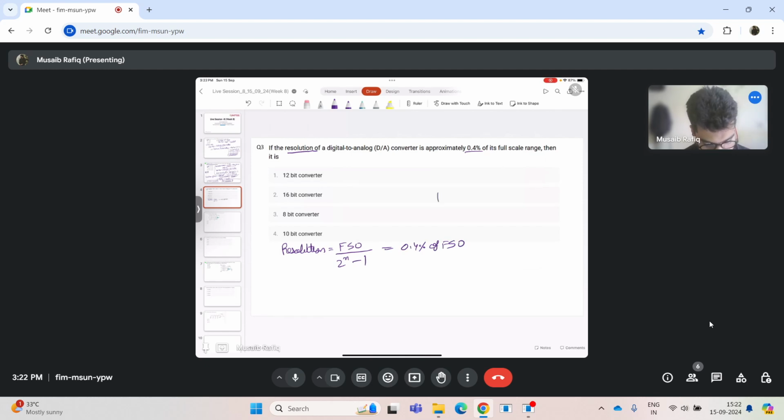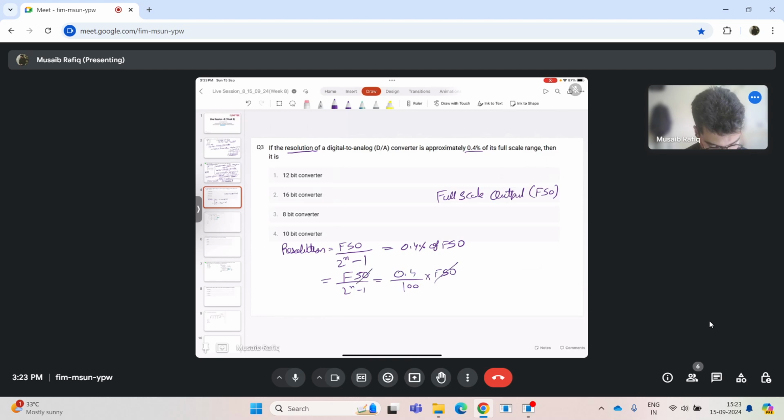Let me write here, I use this abbreviation. This is nothing but full scale output voltage, so FSO by 2 raised to the power n minus 1 will be equal to 0.4 by 100 into FSO, right?